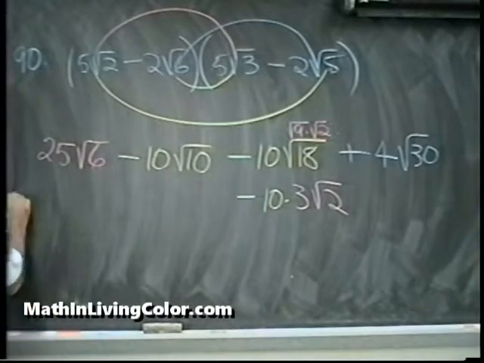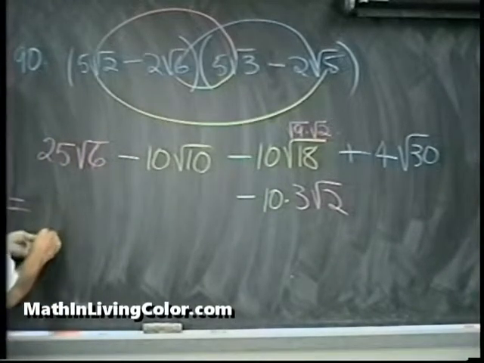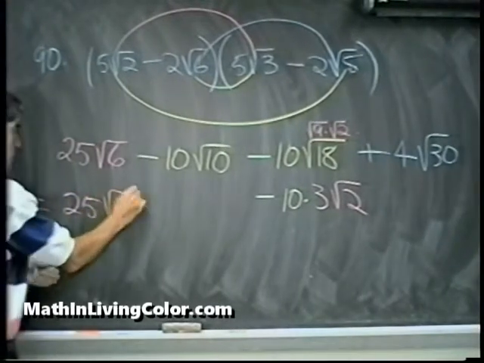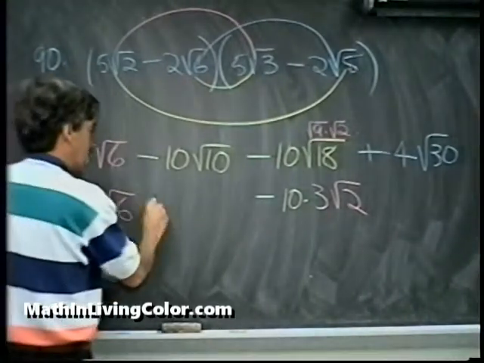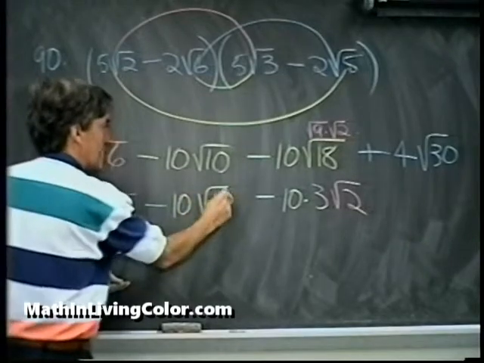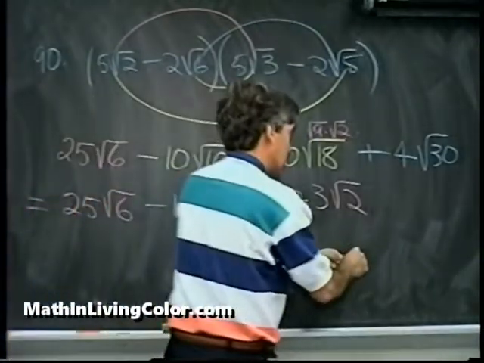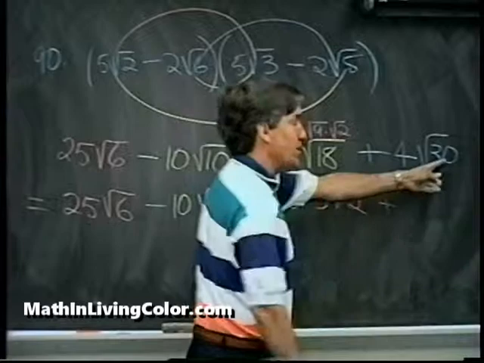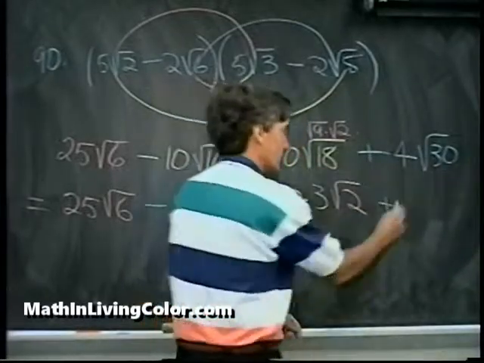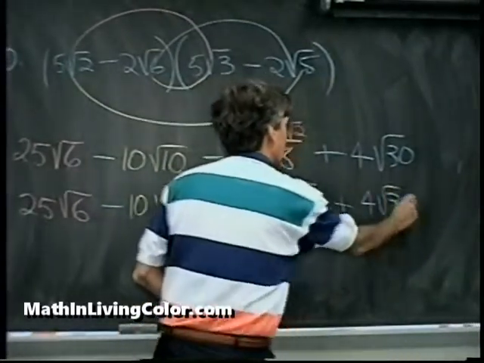And now bring down the rest of the problem and you'll have 25 square root of 6 minus 10 square root of 10 and then plus this 30. You can't simplify this square root of 30 either, so that's going to be 4 square root of 30.